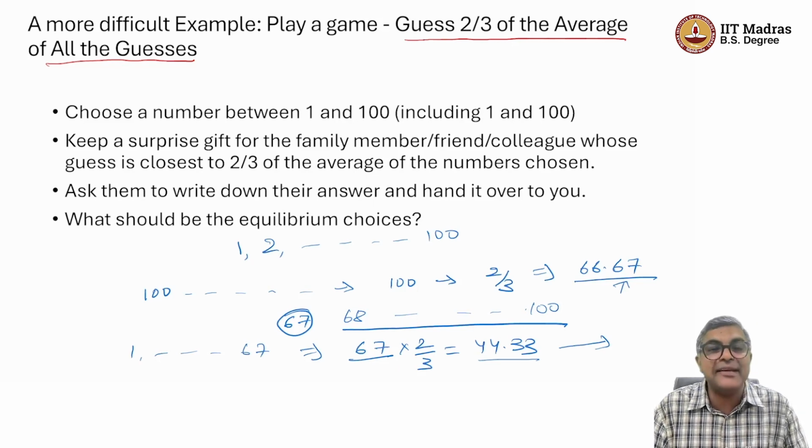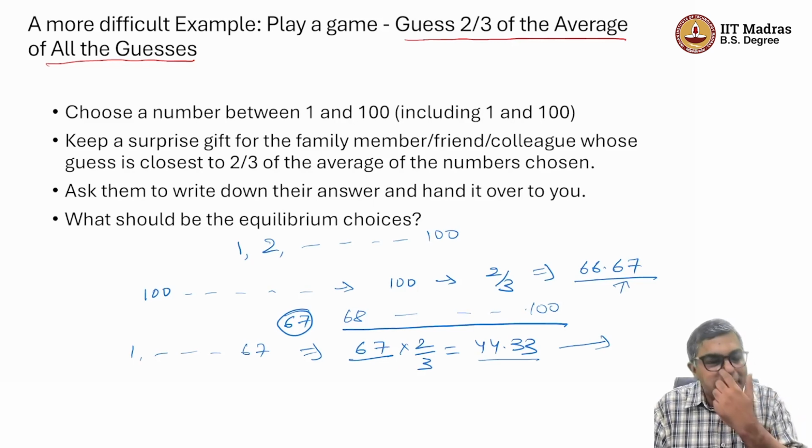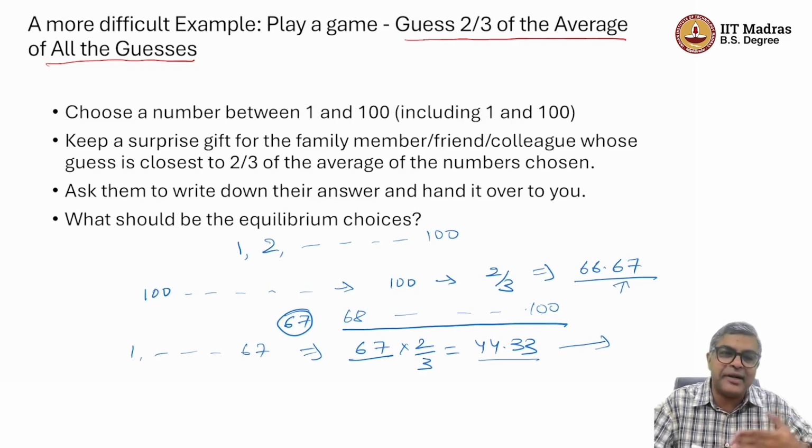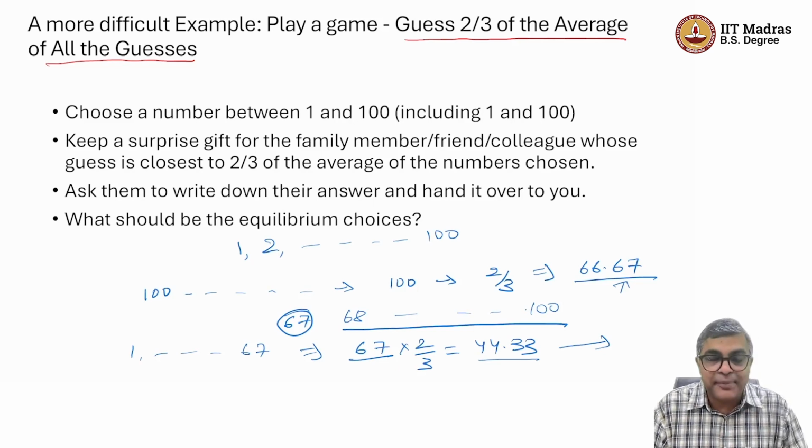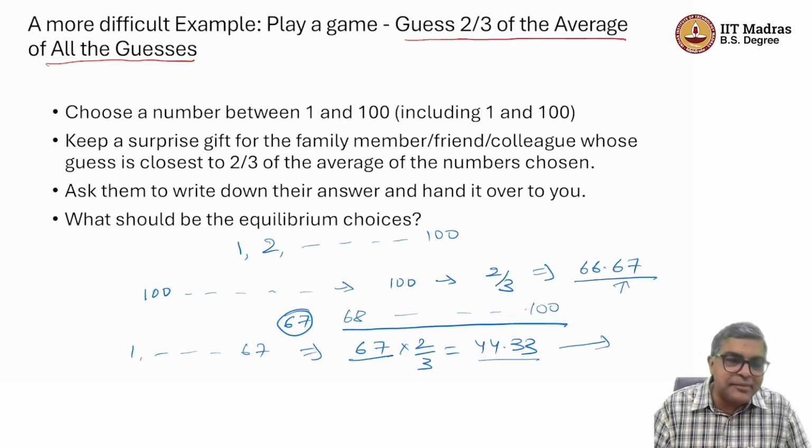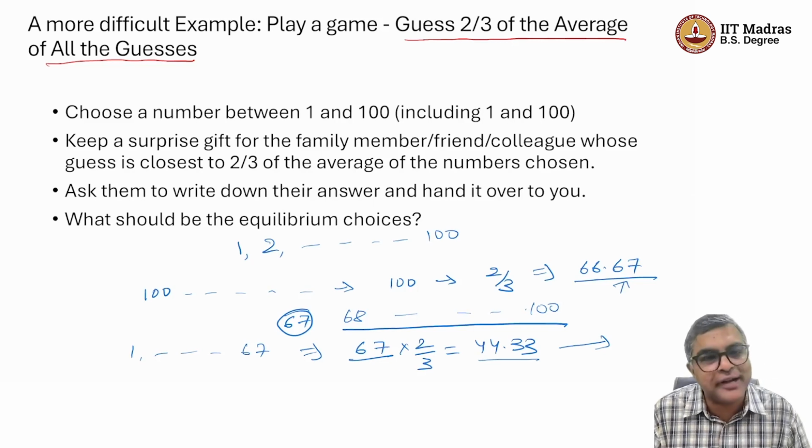Perhaps they didn't think it through, perhaps they were not using their calculation power, perhaps they didn't take it seriously. We don't know. But if you have a large enough gift there, and people take it seriously, and you repeat the game twice, thrice, not exactly with the same people but with different people in the mix, pretty soon they realize what the game is, and you would see their guesses coming closer and closer to your theoretical number.